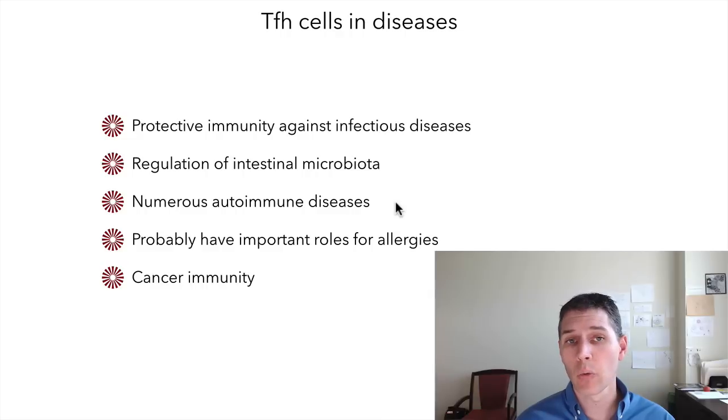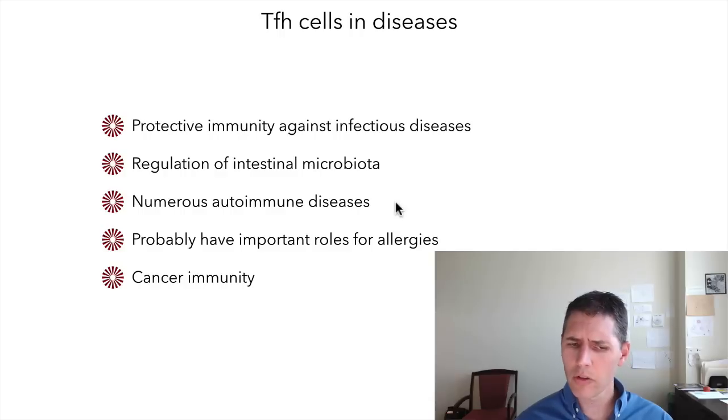TFH are associated with autoimmune diseases that have autoantibodies as a pathogenic component, but also autoimmune diseases that have autoantibodies as a biomarker, or just a component of the response.